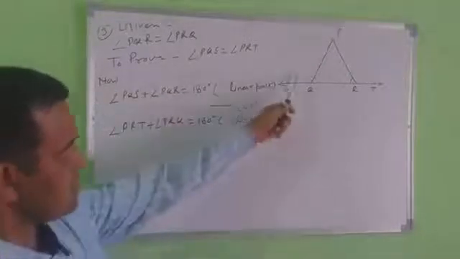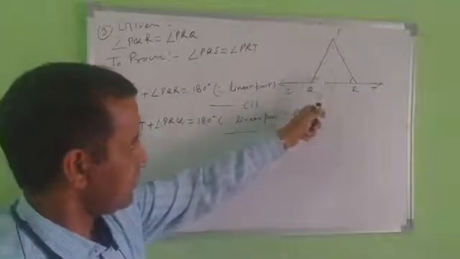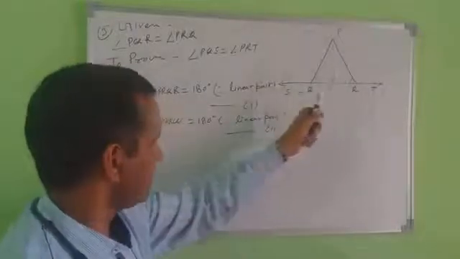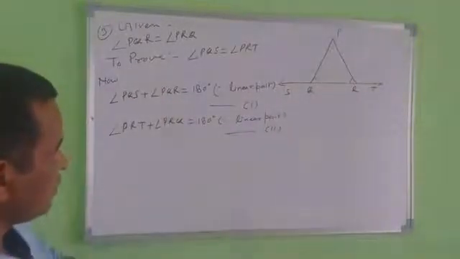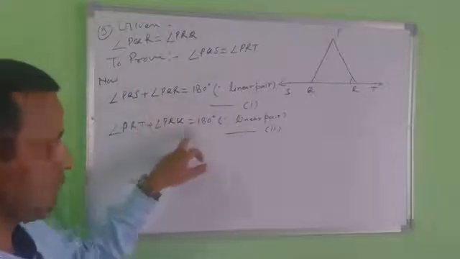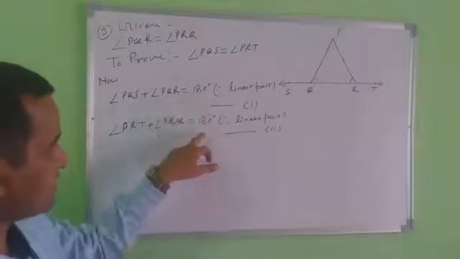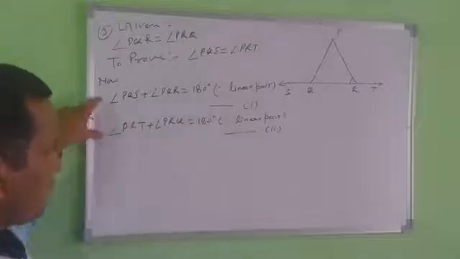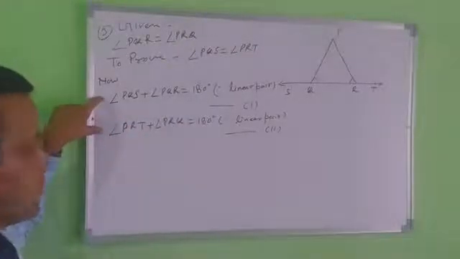Now look here, the sum of these two angles is 180 and the sum of these two angles is equal to 180. So the right side is equal, then you can equate both equations, and the LHS is also equal.